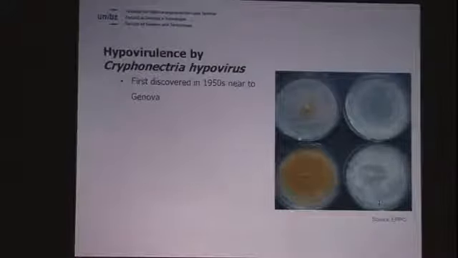That is called hypovirulence, or a decrease in the virulence of the fungus. The fungus also loses its color. A normal fungus looks yellowish, orangish, and when the virus is present, it loses its color, and the sporulation is also decreased. The intensity differs on the basis of which virus is present.